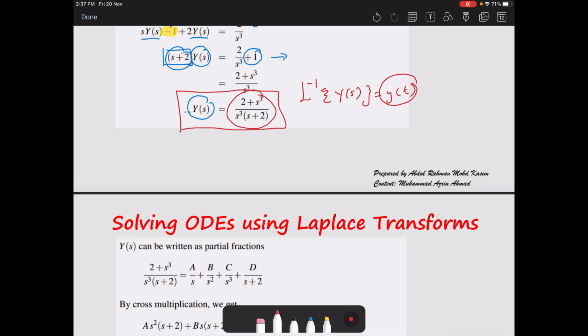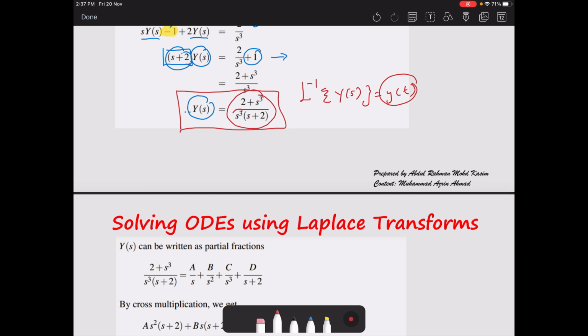However, in order to solve the right hand side, it's not that easy because you cannot get the solution from the table. So you need to use the knowledge that we have learned previously, where we need to apply the inversion by partial fractions.